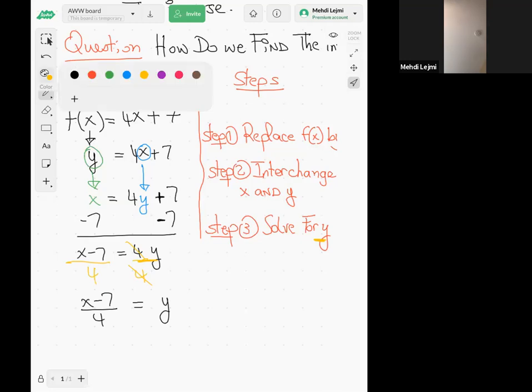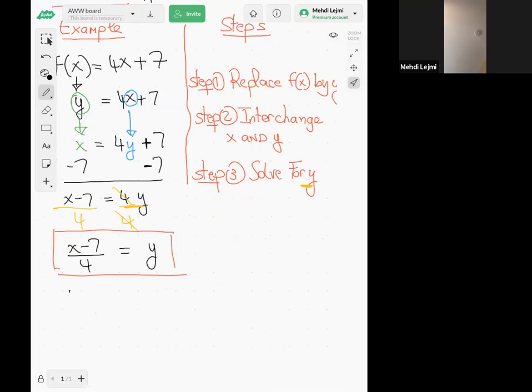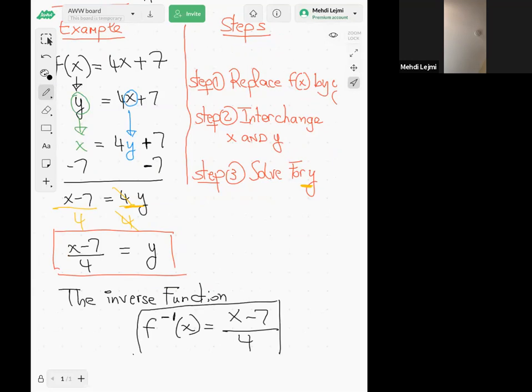So that's the answer. So f inverse is equal to x minus 7 over 4. Right? So that's the inverse of this function here.